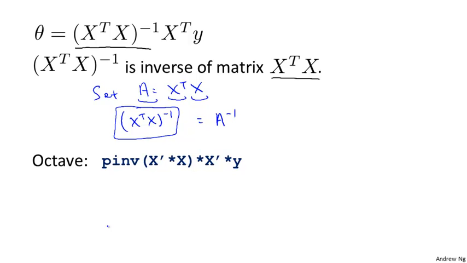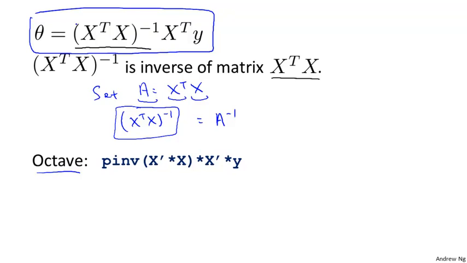We haven't yet talked about Octave. We'll do so in a later set of videos, but the Octave programming language, and similarly the MATLAB programming language, is very similar. The command to compute this quantity, X transpose X inverse times X transpose Y, is as follows.